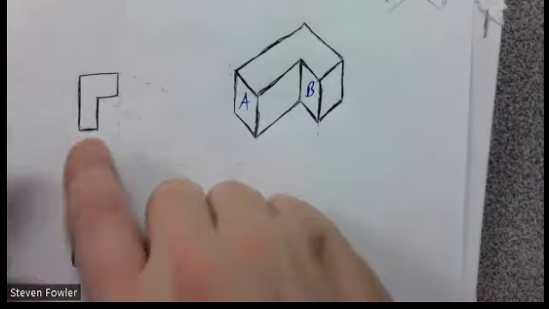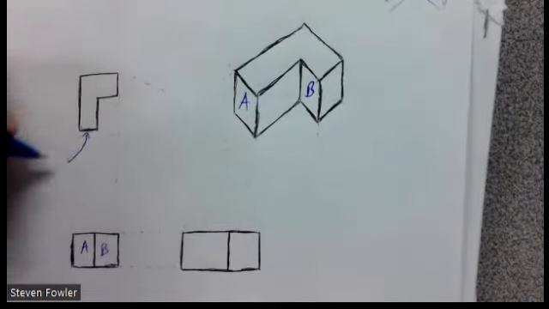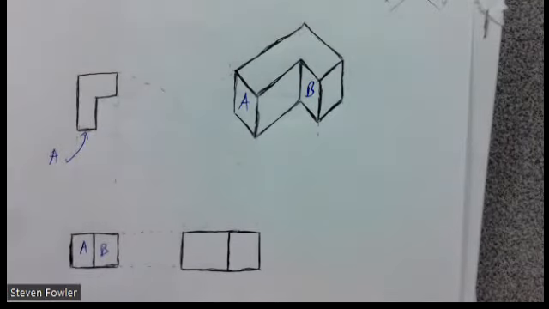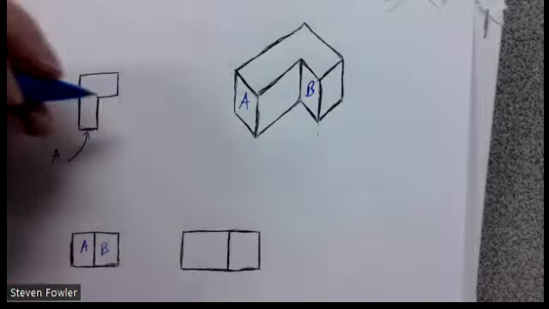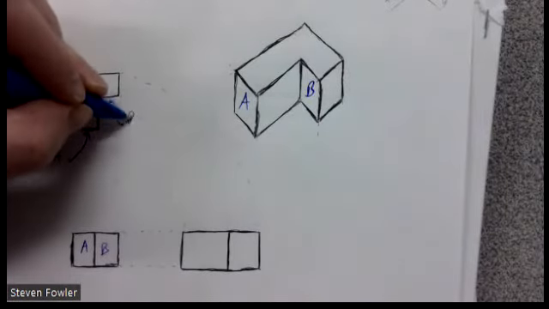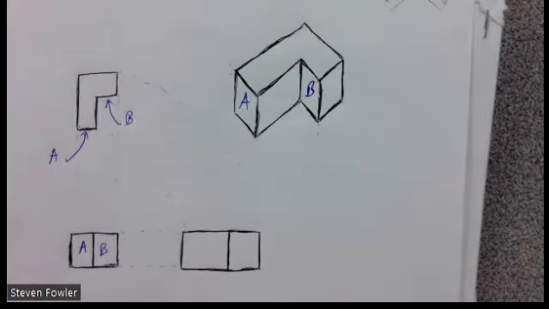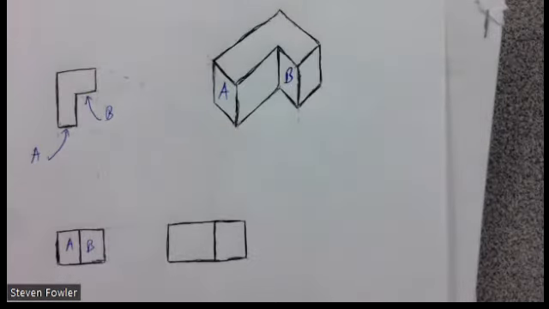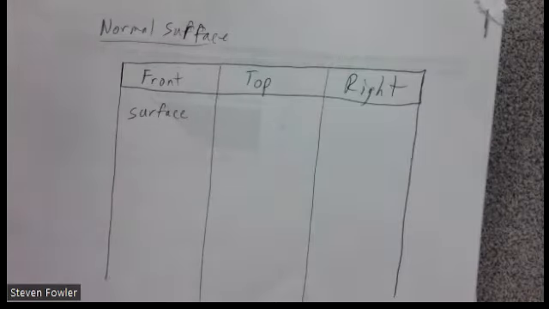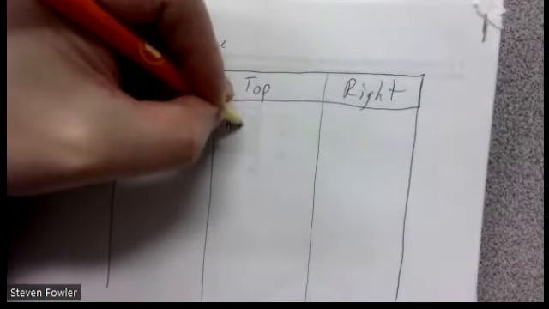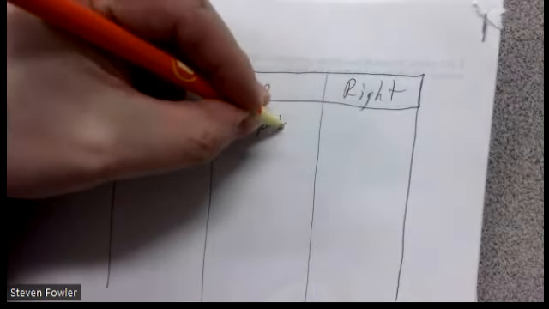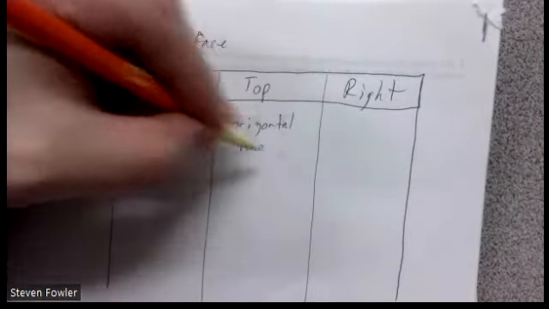This should be A right there, and this should be B right there. These are horizontal lines. So if I have a face or a surface in the front, it's going to be a horizontal line in the top.